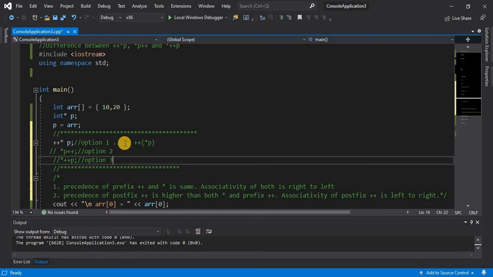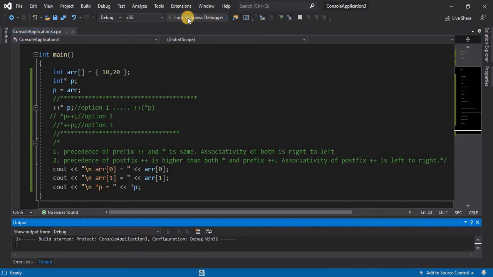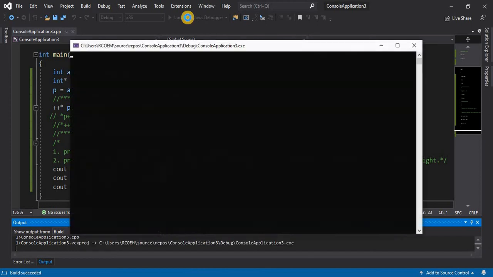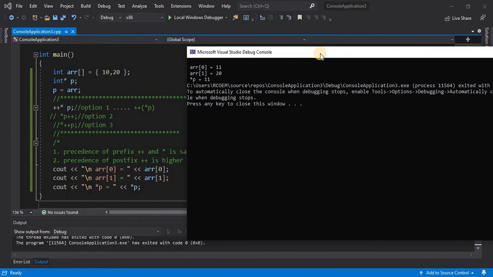So let's see the output now. So the first element, that is ARR of 0, is 11, it's not 10. ARR 1 is 20, star P is 11. So what has happened? Here it has incremented *p.